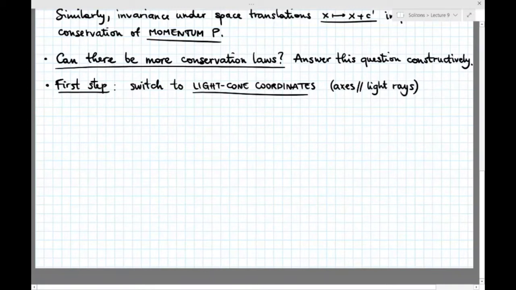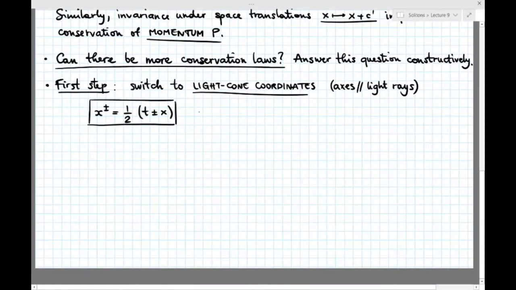So what are these light cone coordinates? Well, we'll call them x plus minus, and they're defined as a half t plus or minus x, where the sign on the left-hand side is correlated with the sign on the right-hand side.